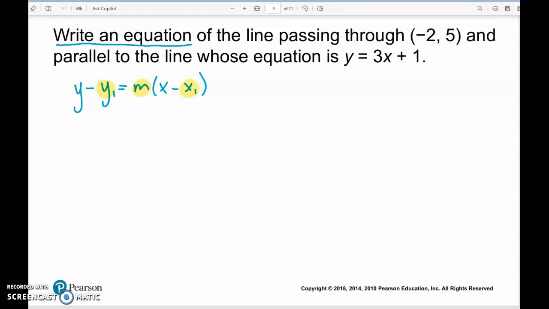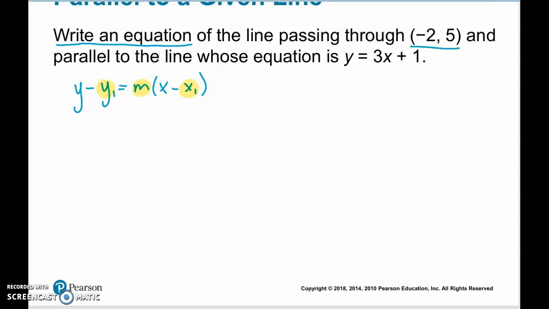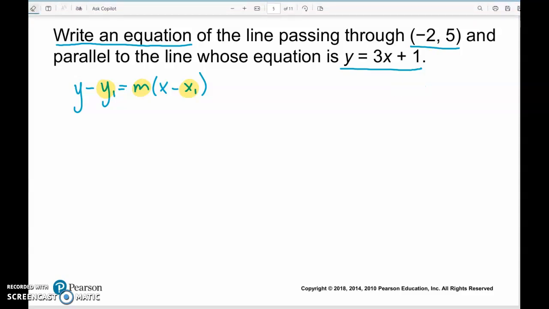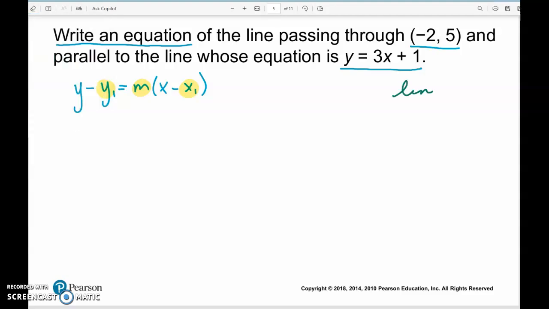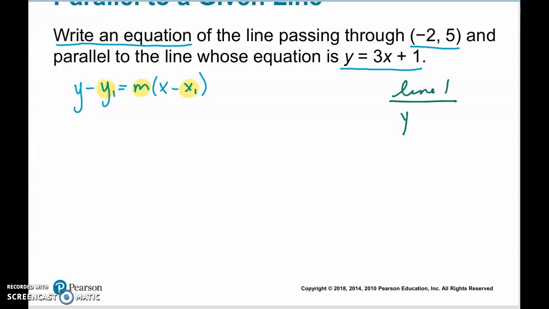So let's go back to the question. It says write an equation of a line passing through this point, and that's parallel to the line whose equation is this. So this is line 1, which is y equals 3x plus 1.